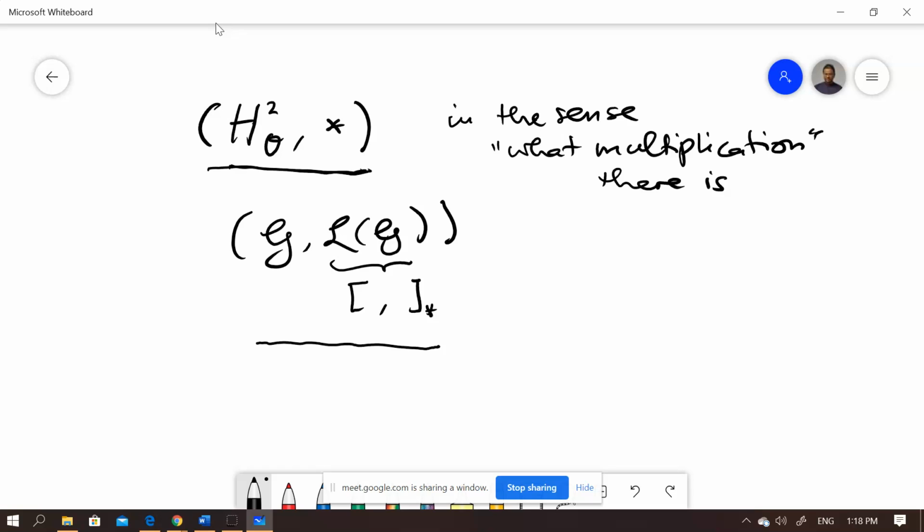So the quantization is essentially you deform the product. But in the way Chris Isham is doing his quantization, the one that we are actually quantizing is the Lie algebra part. So the way that you have done this is more towards the deformation quantization notation.